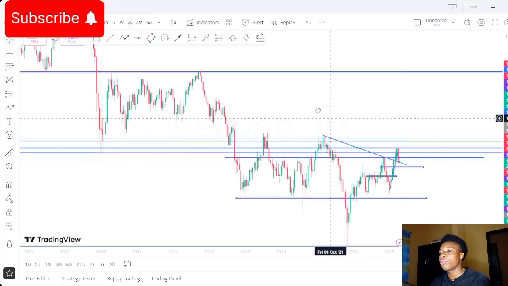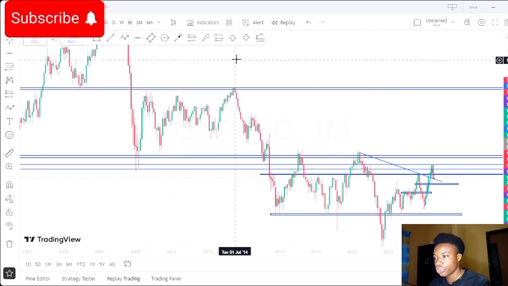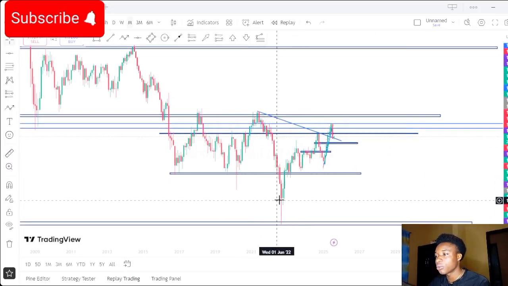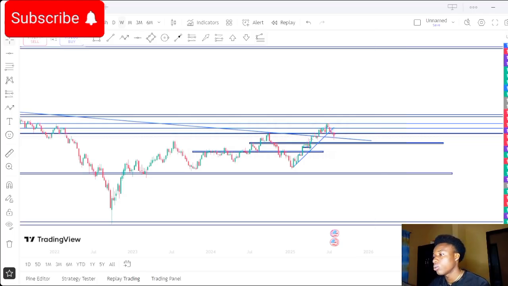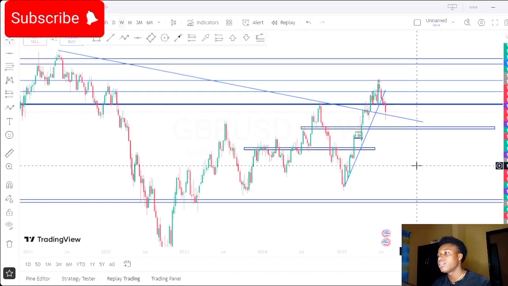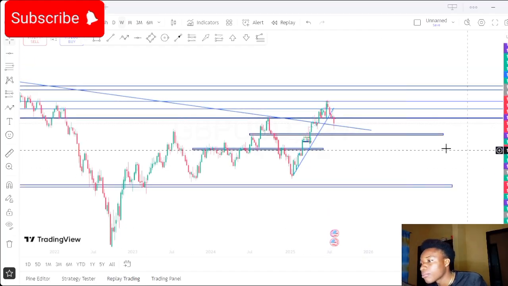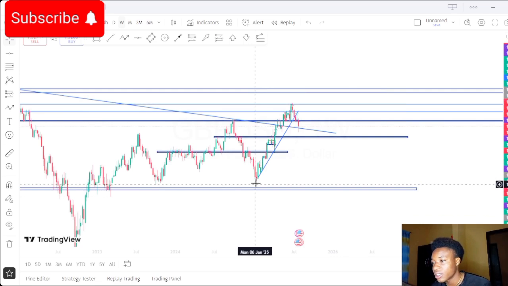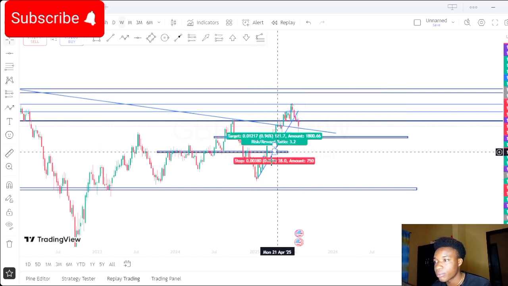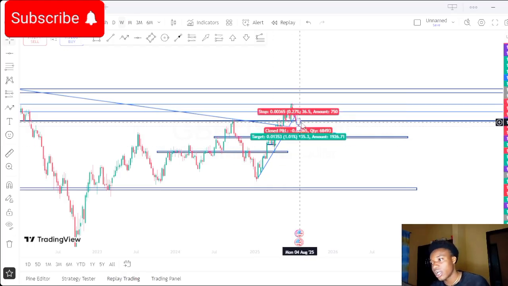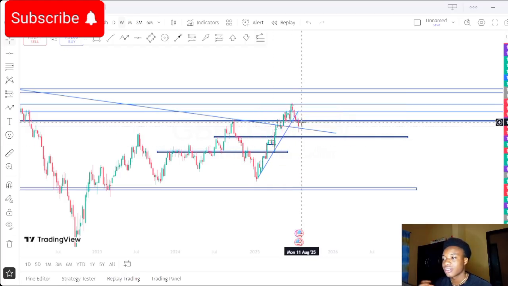This is GBP USD on the monthly time frame, and this market is bearish, but it started reversing from here. So let's move down to the weekly time frame. This is it. In the weekly time frame, the market was a little bullish. You can see here from this trend line up, the market was a little bullish, and I can see that it's trying to change.